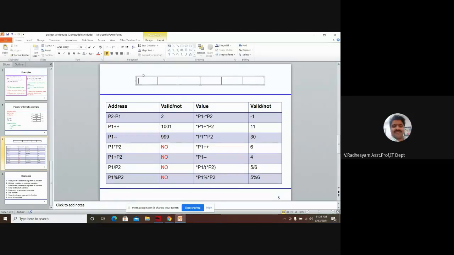Suppose this base address is 1000, which is to be held by a pointer. If you want to move to the next location, P1 plus plus, like this. Then we go to the next, then the next, then the next. Fine. So array operations can be implemented using pointers.